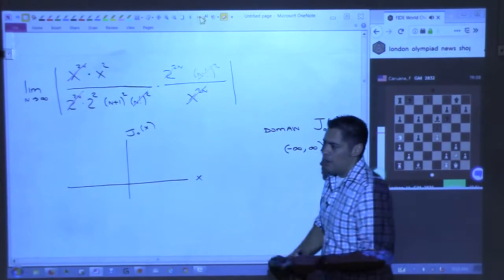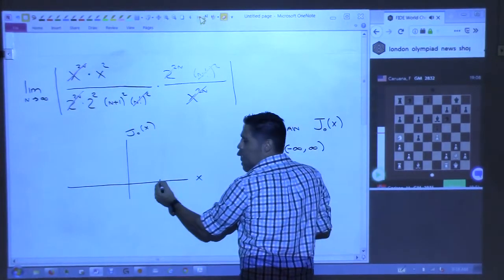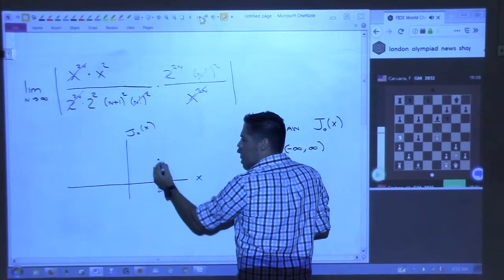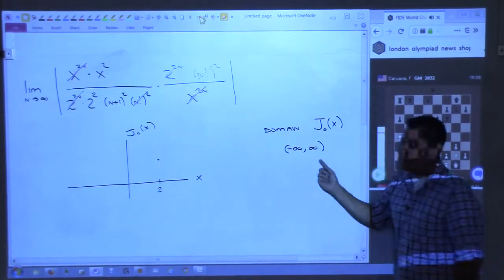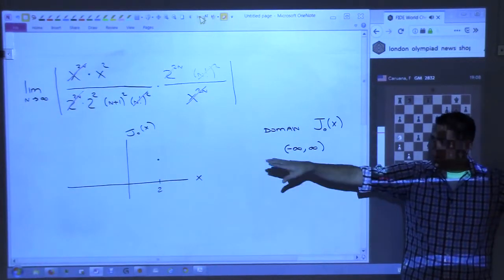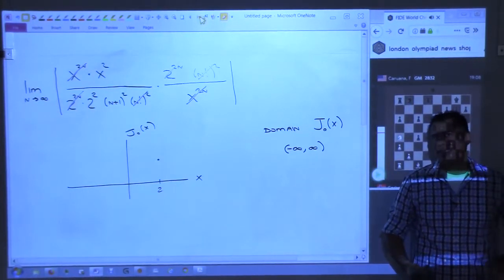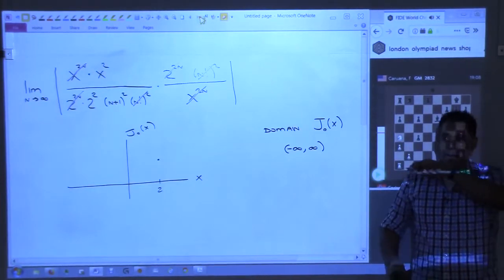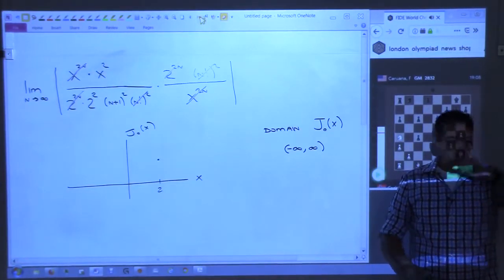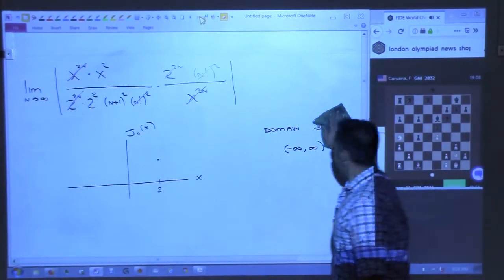I can't tell you right now what it converges to, but I know that if I plug 2 into the Bessel function, it's going to give me an output, whatever it is. And I can do that for any number. That means that the graph of the Bessel function exists on the entire number line. So it's a nice continuous function. Well, it may not be continuous, but it might jump, but there is a value for every single input, there's a value out. Okay?